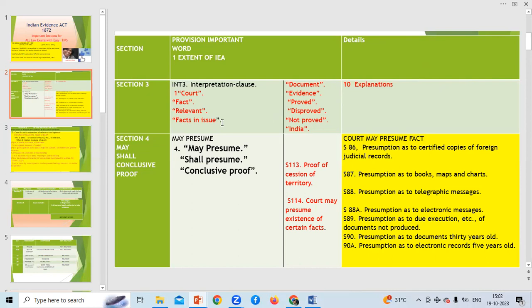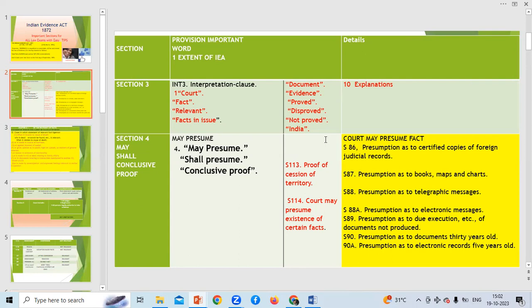So index specs question में हम लोगों को पूरे marks मिलना चाहिए. Section 4 is, as the title is given, may presume, shall presume, conclusive proof. So court may presume a fact as it is given in the sections. Presumption sections है section 86.